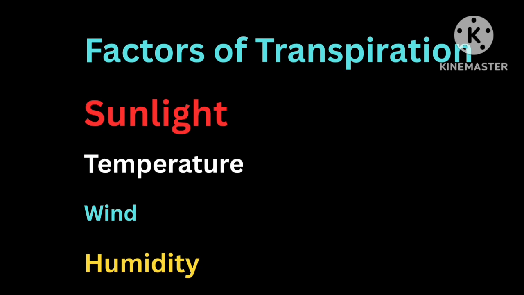Transpiration is reduced if the air is humid. If the air is humid, then vapor cannot be absorbed by the air, so it can't hold the water molecules as it is already laden with moisture. So, these are the factors of transpiration. These control the rate of transpiration.